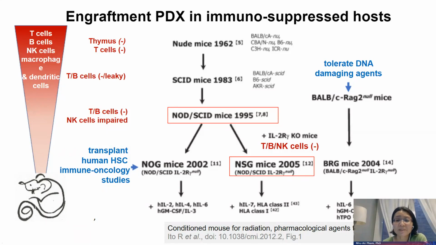For the solid tumor types, we've not seen a major difference between either of these strains, but if you're doing stem cell focused limiting dilution assays, where very few cells are being injected, there are some differences, and the NSG would be the preferred strain to use.